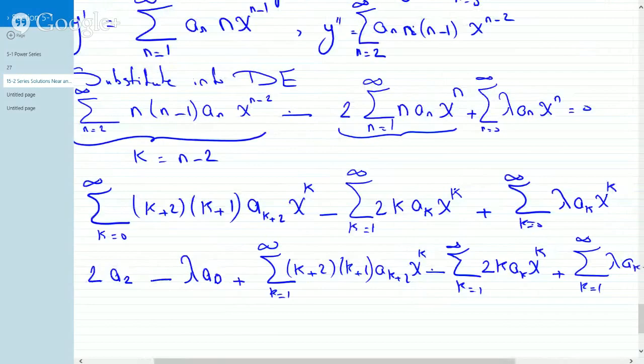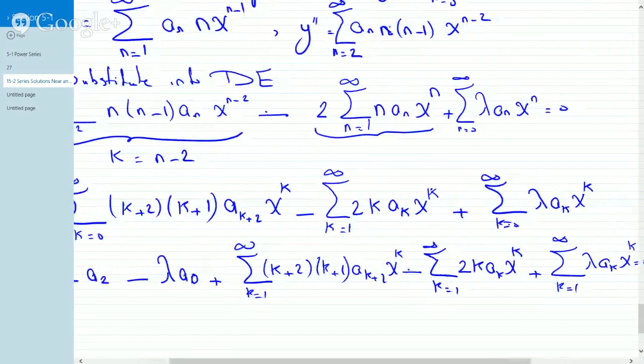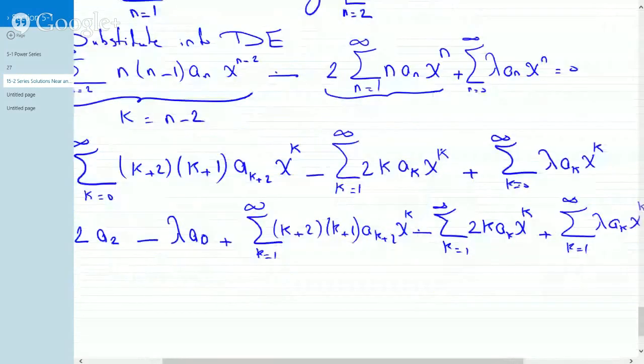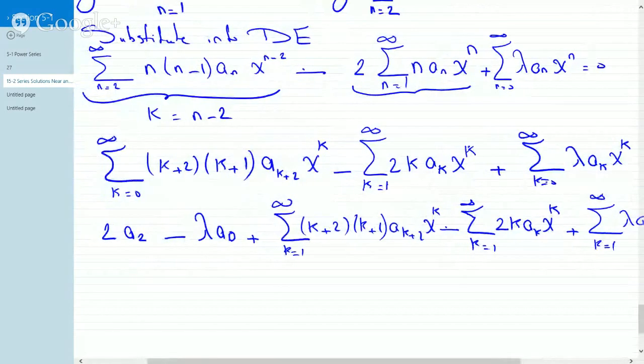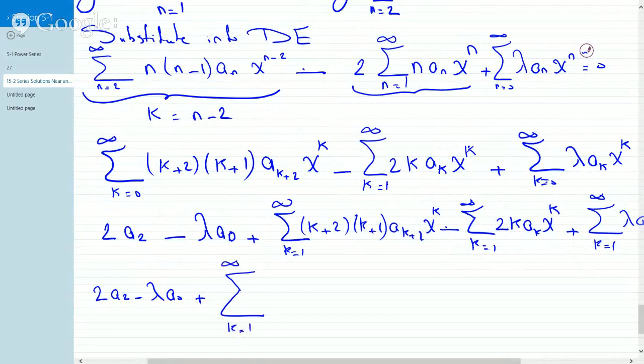Okay, now that all of them have x to the k and all of them starting at k equals 1, I could factor out. So first bring these two constants down. So 2a2 minus lambda a0 plus the sum from k equals 1 to infinity. I could factor out x to the k.